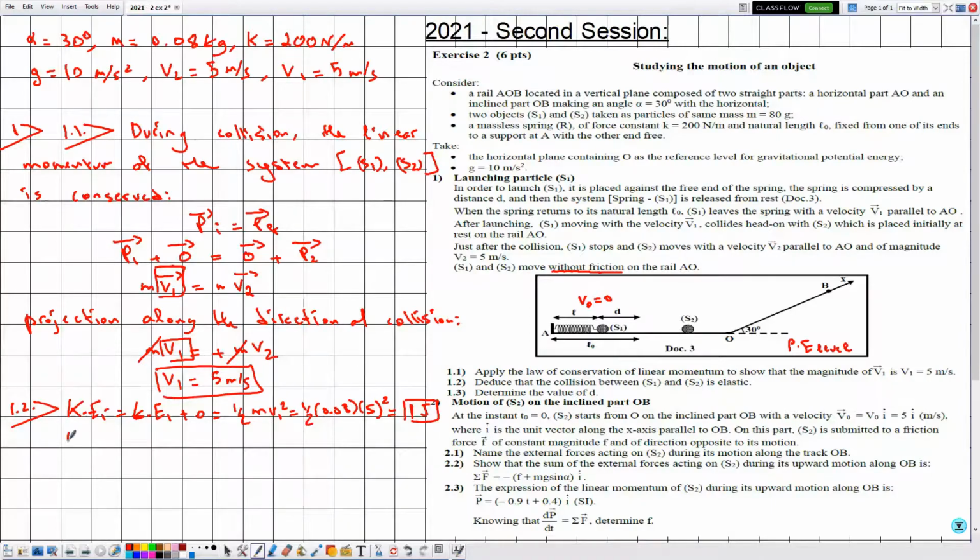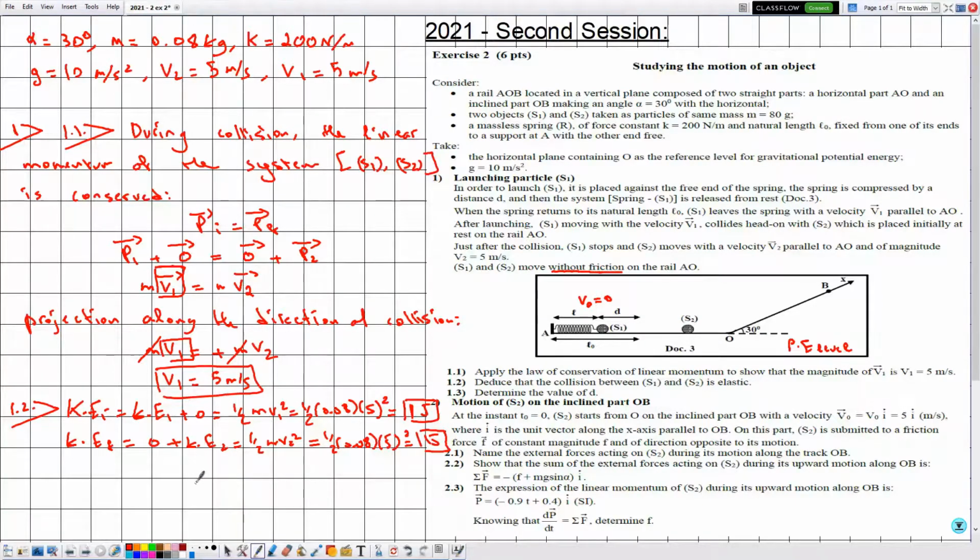And finally, kinetic energy final, with no surprise. So this is 0 plus kinetic energy 2. This will be equal to half mv2 squared, which is equal to half multiplied by 0.08 multiplied by 5 to the power 2, which is equal to 1 joule.